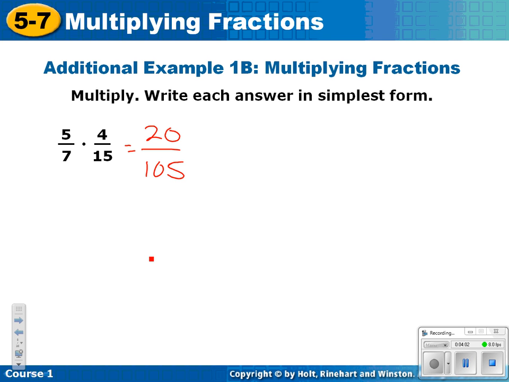All right. Now, can we reduce this one? So divide by 5 here, divide by 5 here. We end up with 4. And what is 105 divided by 5? Quick, quick. 21.